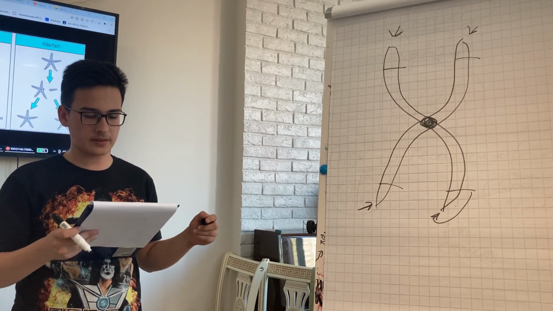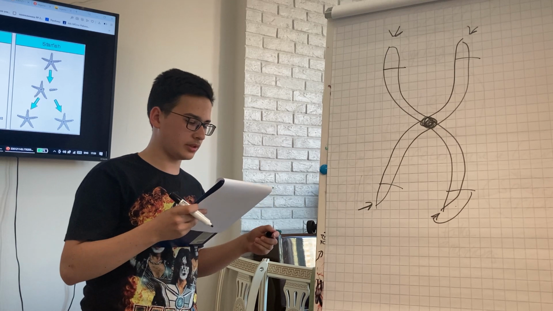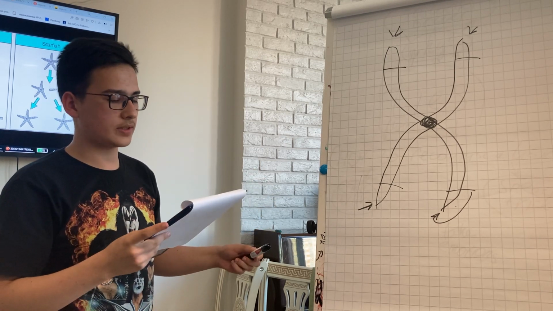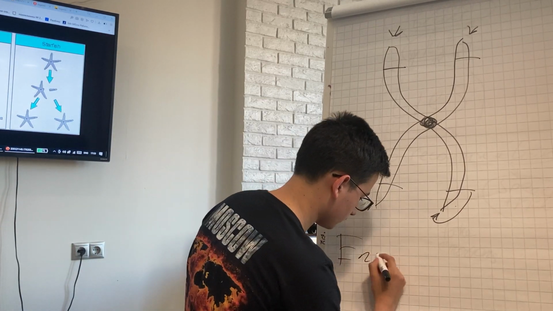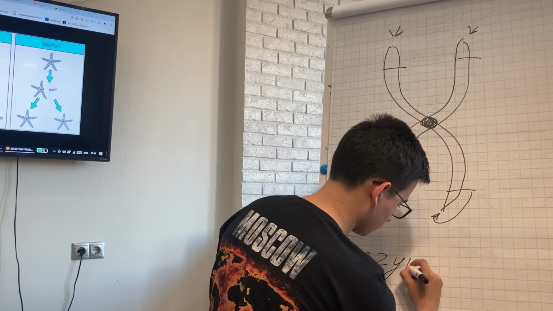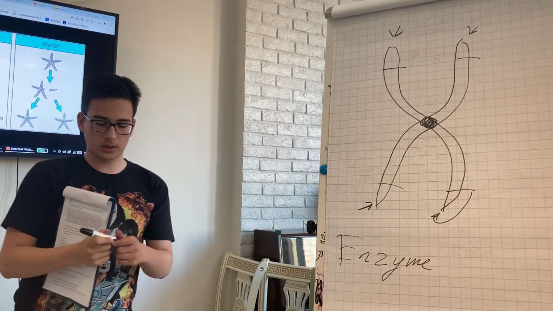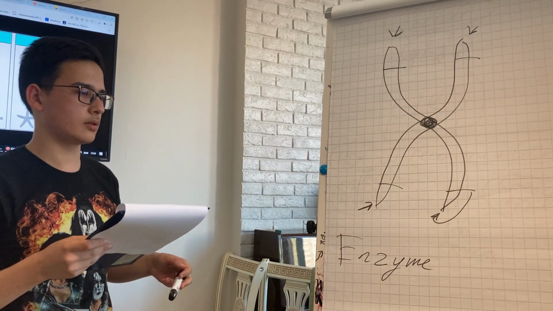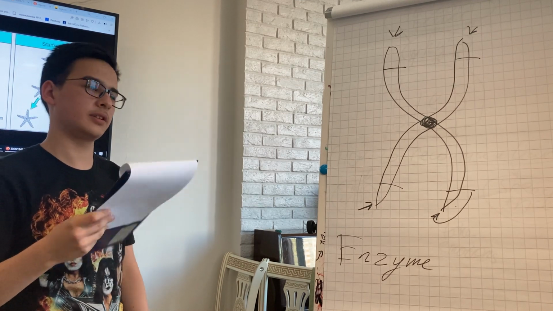This is due to the absence of the telomerase enzyme, which is usually expressed only in germ and stem cells. So telomerase is an enzyme, a synonym to ferment, that allows our cells to divide indefinitely.